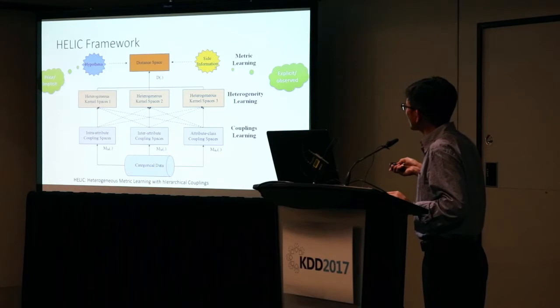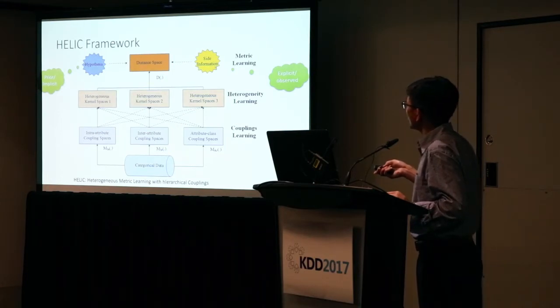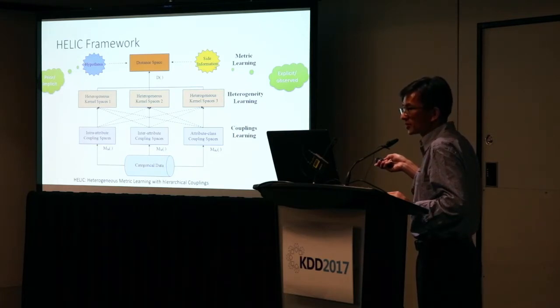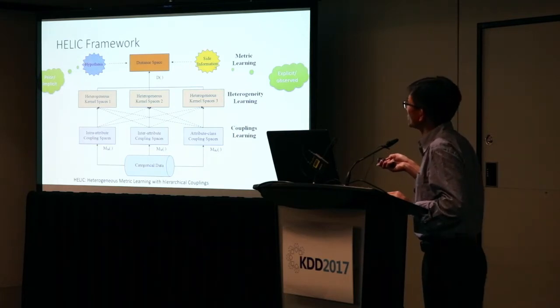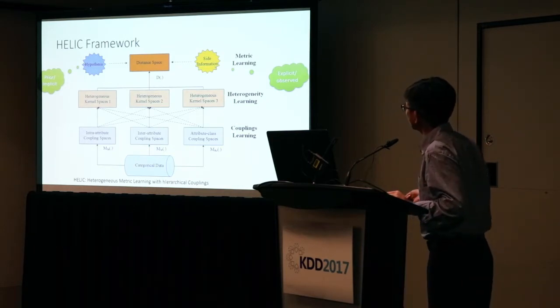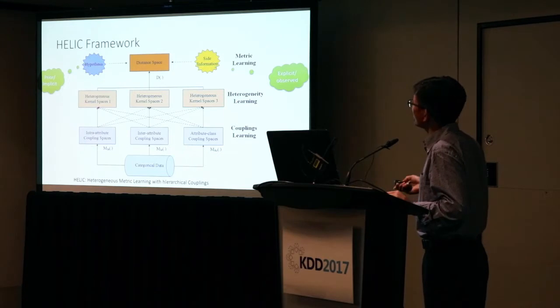And then further, when we get this learned kernel space, we actually learn the heterogeneity, and we want to integrate them to build a distance space, that's a matrix space. In the matrix space, we can solve the problem and create an objective function, things like that. Right? So that's a high-level idea.